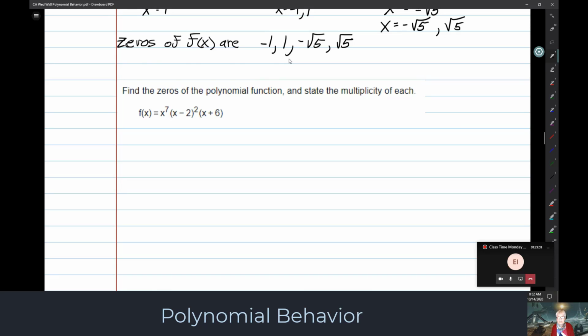These are the zeros, and by the way, they have different names. These are called real, rational zeros, because they're real numbers, in the real number system. And these are irrational zeros.